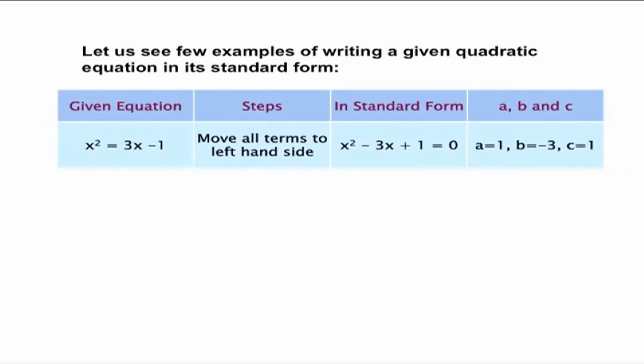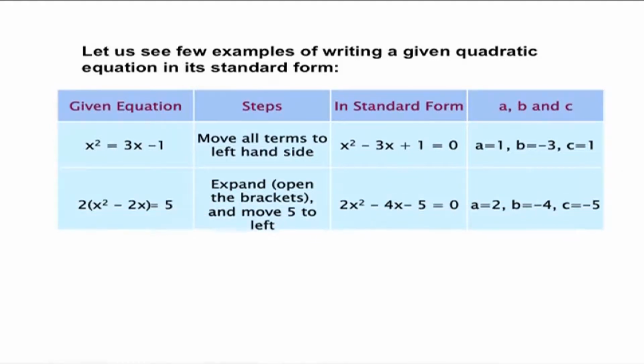The coefficients will be a equal to 1, b equal to minus 3 and c equal to 1. Similarly, the second equation is 2x square minus 4x minus 5 equal to 0. Here a equal to 2, b equal to minus 4 and c equal to minus 5.